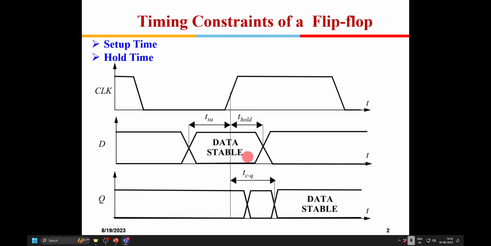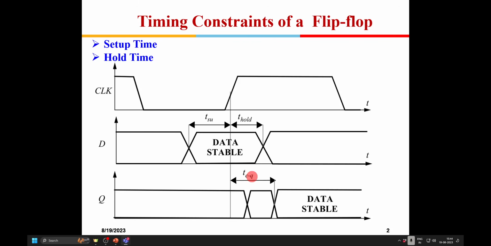Then we also defined something known as propagation delay. Assuming that the setup time constraint is already met, once the clock goes high, from there onwards the output data will be available. Stable, desired output data will be available after a time known as the propagation delay of the flip-flop, that we generally call T C-to-Q.